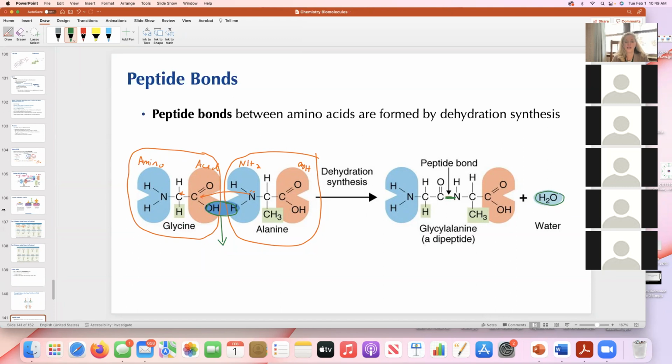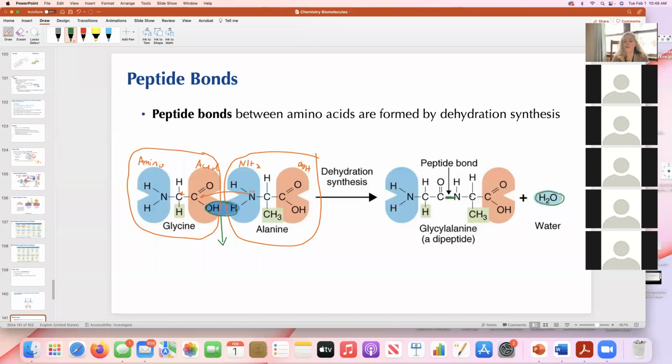And it goes in the same order. NH2, CH2, CO, remember the OH was removed. And then we have the new peptide bond. We got rid of one of the H's, so now we're just NH.